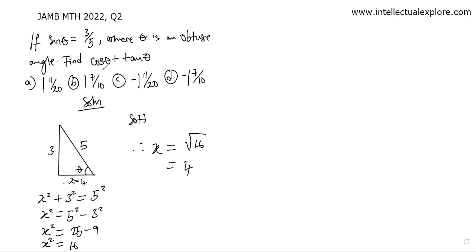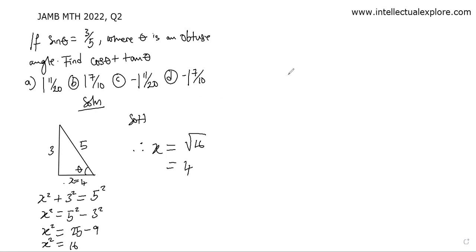Now the next step, we say where theta is an obtuse angle, find cos theta plus tan theta. So after giving this out, they now told us that theta is an obtuse angle. And what is an obtuse angle?